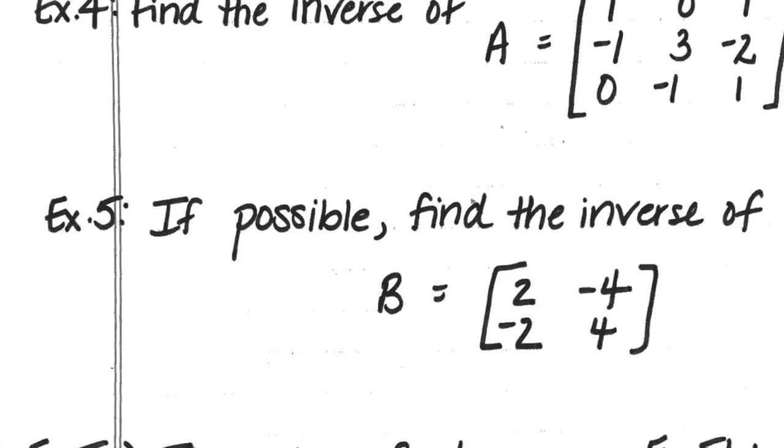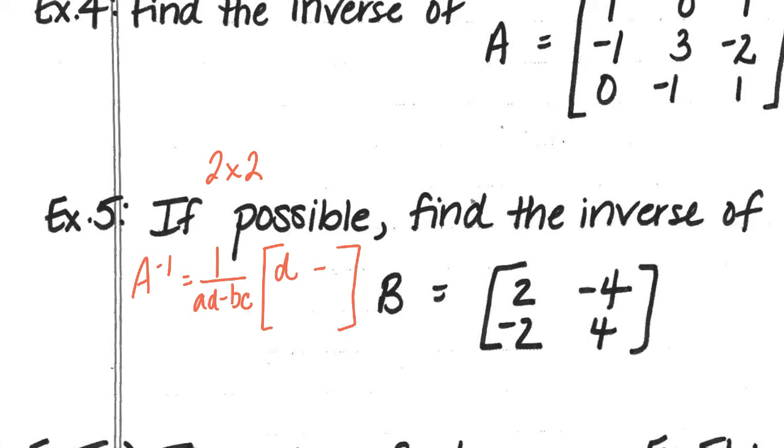All right, we're going to learn a different way of finding the inverse. This is only for 2 by 2 matrices, and this is easier than the way using elimination that we did earlier. So if I look at a matrix, I'm going to say the inverse is equal to 1 over AD minus BC times, this is scalar multiplication, so I'm changing it up.